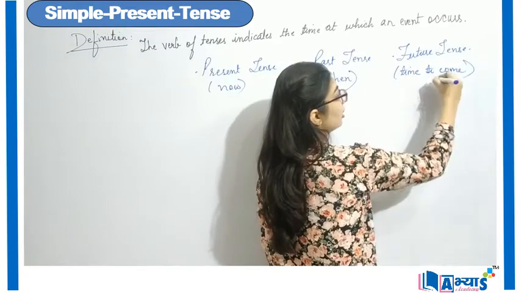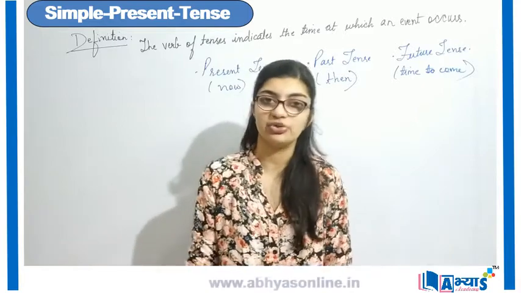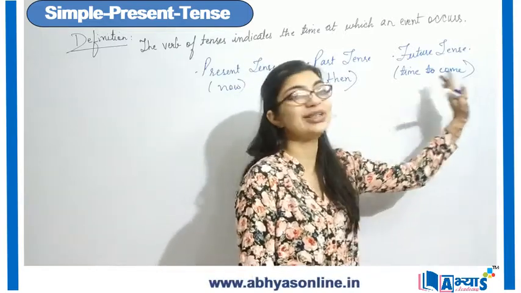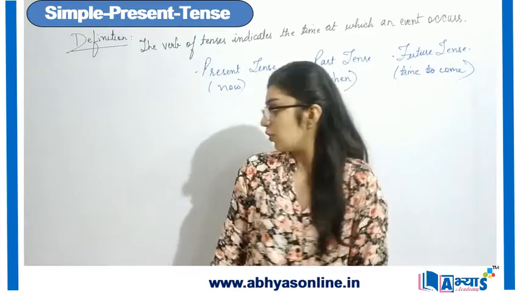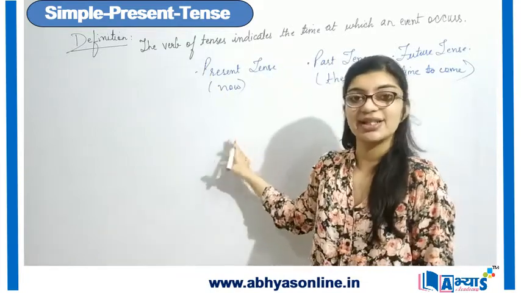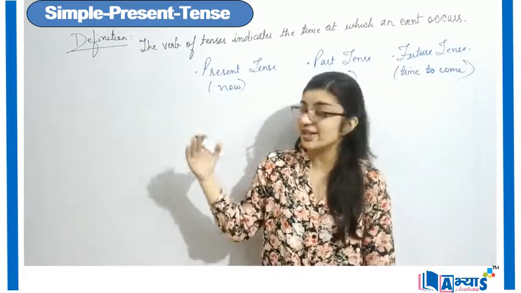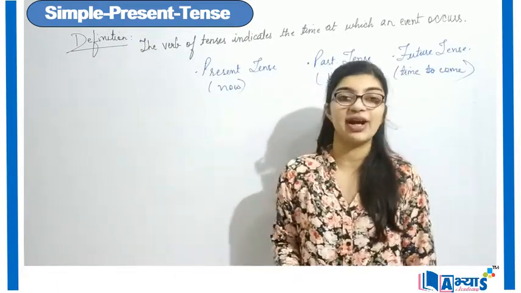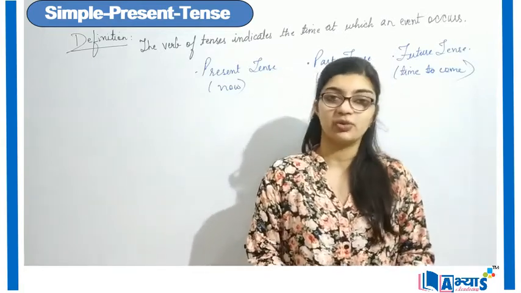It has not yet come, but it will arrive in future, right? The event will take place in future. It has not taken place. So the three tenses are present tense, past tense, and future tense, and these tenses are further subdivided into various forms, which we will discuss in the further videos.